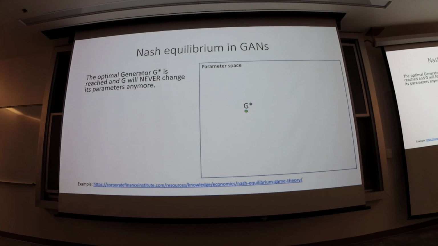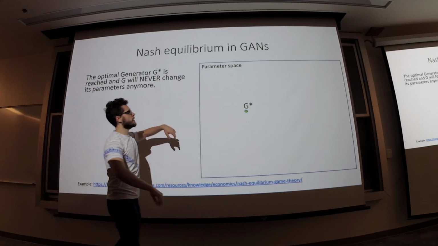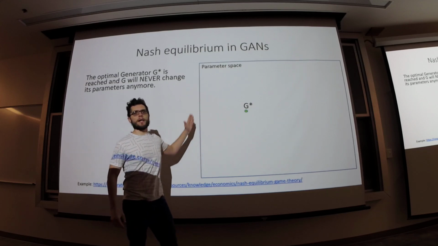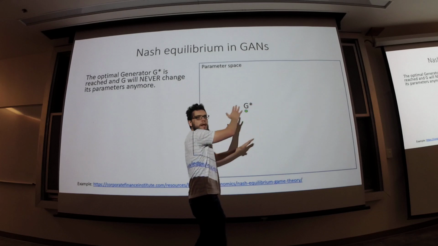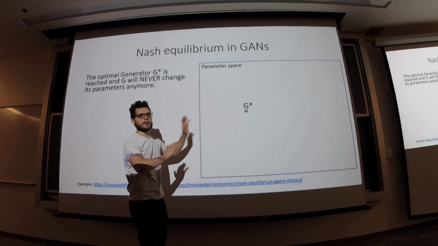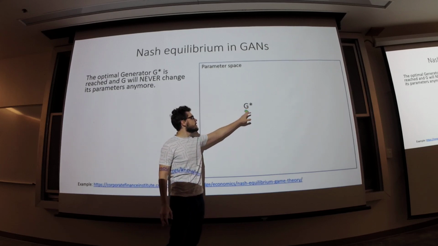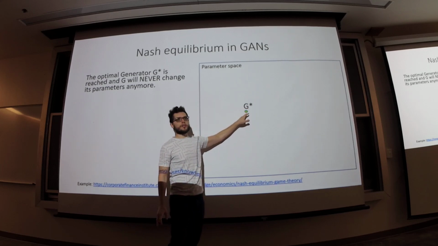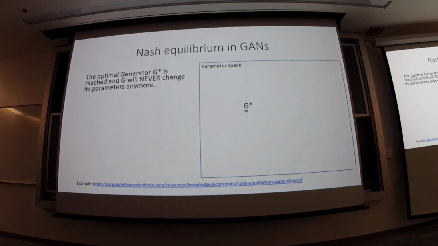So let's define G star as the perfect generator. I put this square here saying this is the parameter space. The two of them keep moving in the parameter space, trying to screw over each other. Once G star is reached, it means that the generator is completely spot on.